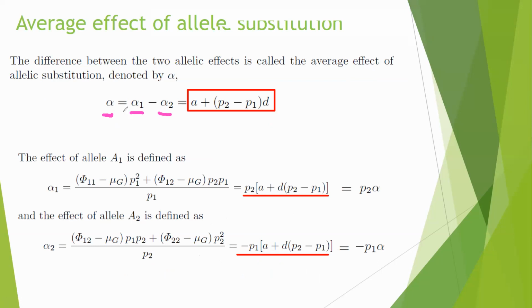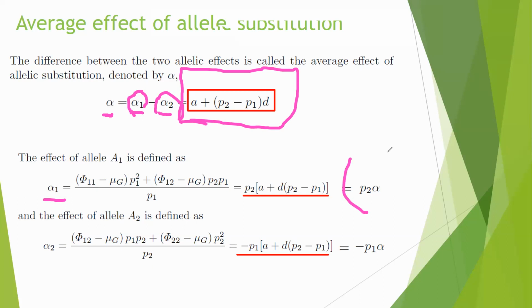So this alpha, without any subscript, is equal to the difference between alpha 1 and alpha 2, and this shows the difference in breeding power between these two alleles. These are the formulas here, so we can easily express the breeding power for the A1 allele using this and this, the simplified formula.